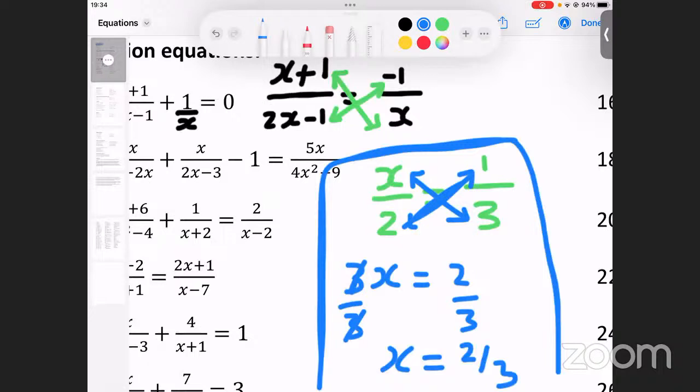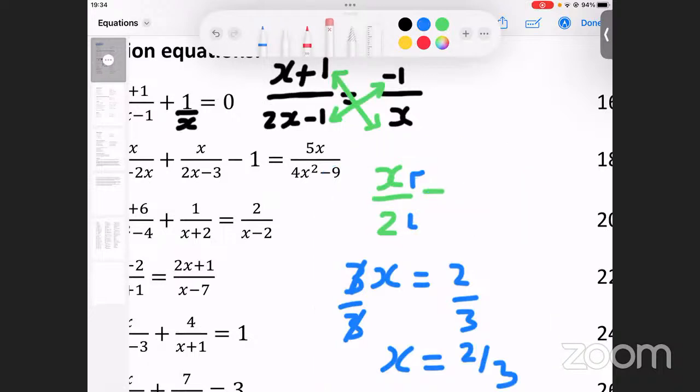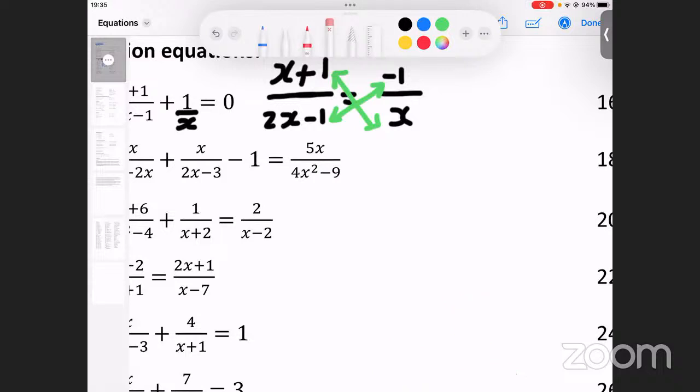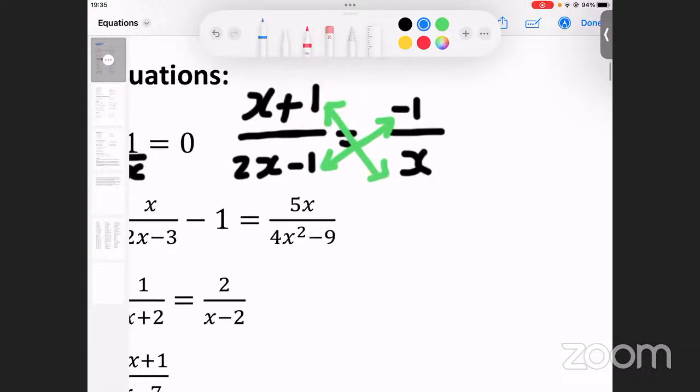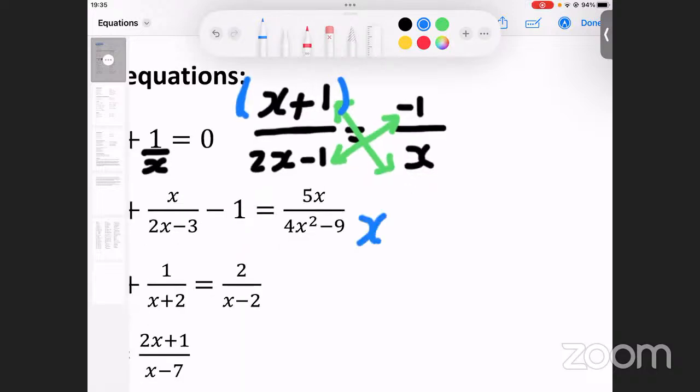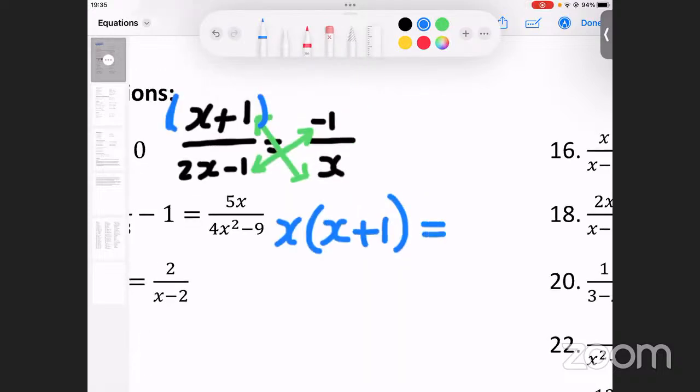Yes, sir, it does. Okay, so now let's apply the same explanation on that one. So can you see here, that one at the top, it multiplies with that x. So that means we're going to have x multiplying with that x plus 1. And then this is equals to, can you see there, we have -1. That -1 is going to multiply with that thing at the bottom.